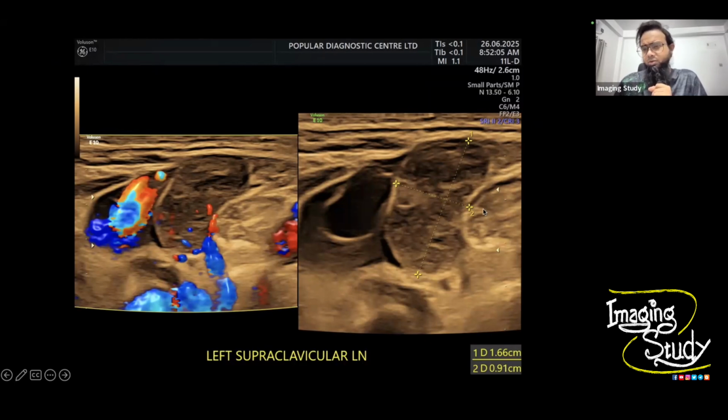The short axis is not more than 1 centimeter, but you can see the complete loss of normal echotexture. You can't see the echogenic hilar fat over here. So the texture is completely obliterated. It is hypoechoic. We'll see these lymph nodes a lot today.